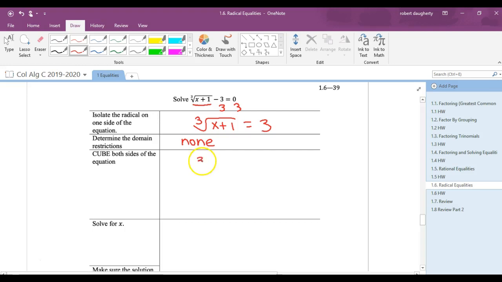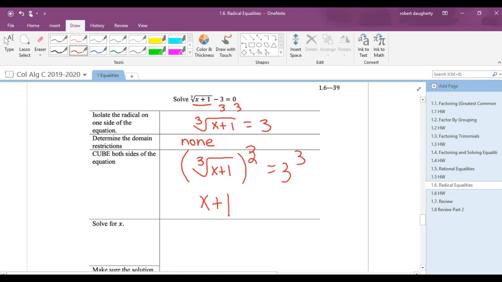So I've got the cube root of x plus 1, cubed, equal 3 cubed. What is the cube root of x plus 1, cubed, on the left? That's x plus 1. It looks complicated, but it's not.